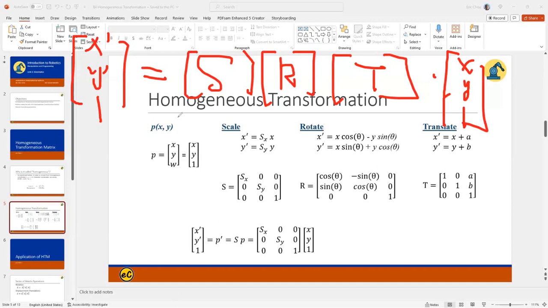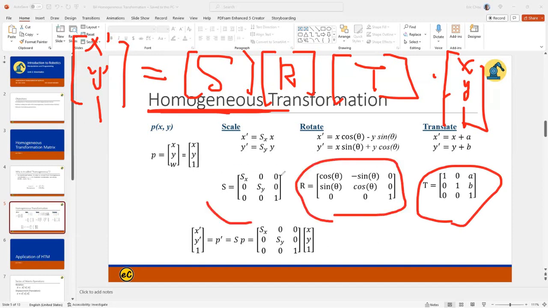That's called homogeneous. Homogeneous is the same kind. We convert the displacement vector, rotational matrix, and scaling matrix into one same format. That's called homogeneous transformation. Homogeneous means of the same kind, right? Heterogeneous means of different kind. Does that make sense?